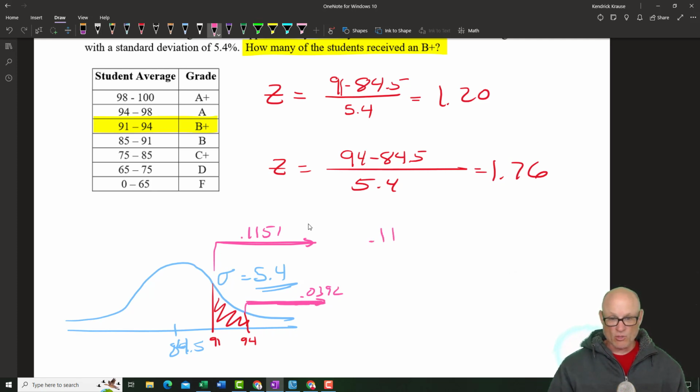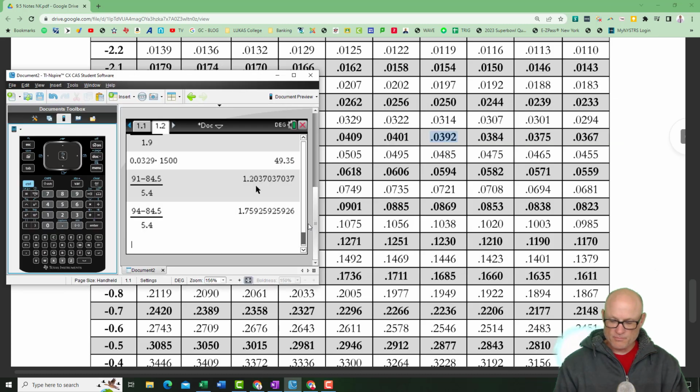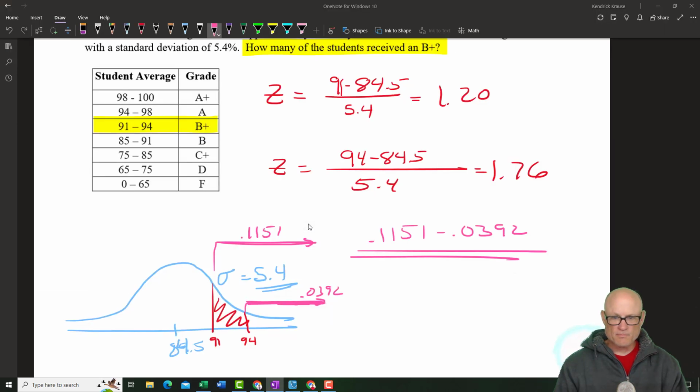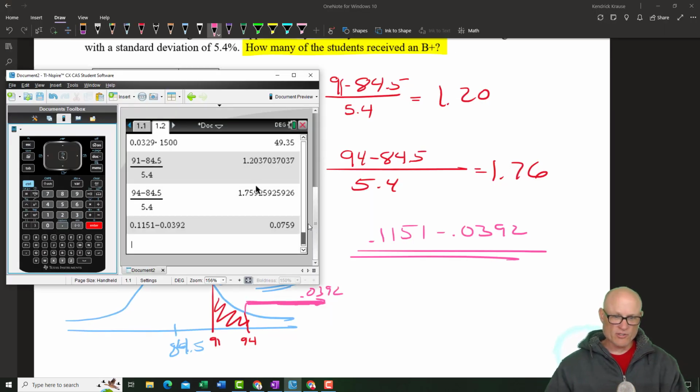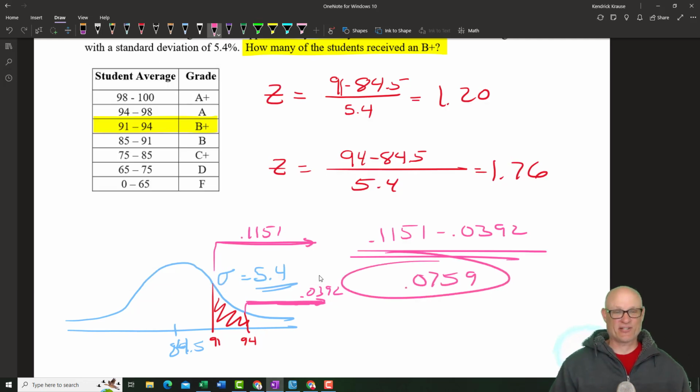So 0.1151 minus 0.0392 is 0.0759. But that's not the answer to the question.